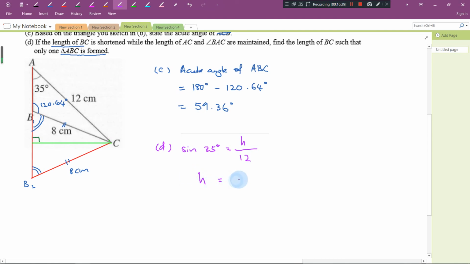So the height is equal to 12 times sine 35 degrees, which is 6.8829 centimeters. So the length of BC will be equal to 6.8829 centimeters. When BC is equal to 6.8829 centimeters, there is only one triangle we can form, which is this one.